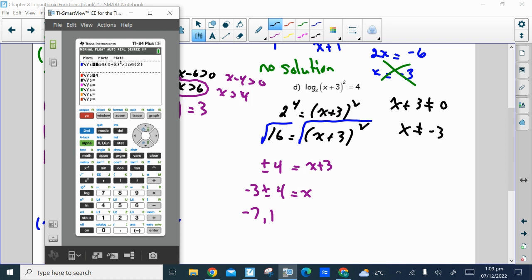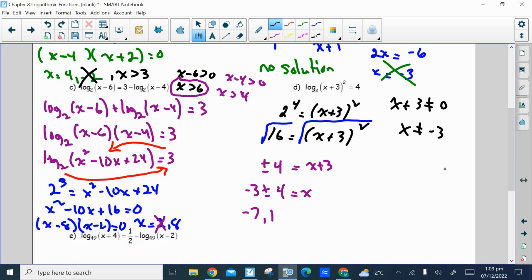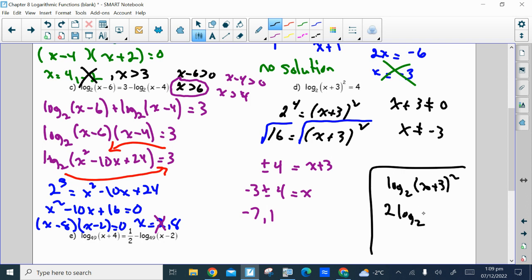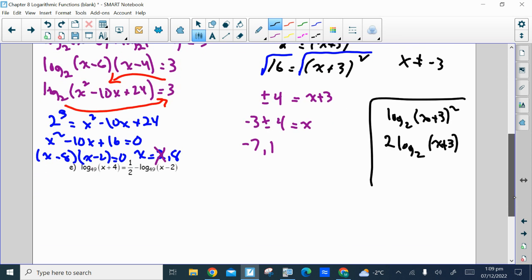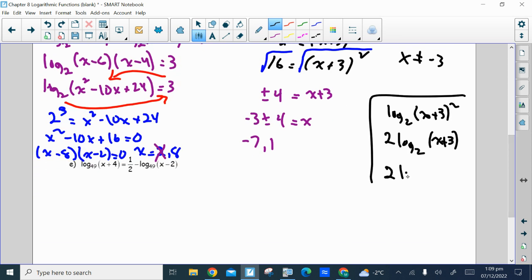I said before maybe we should bring that 2 to the front. So just on the side here, if you have log base 2 of x plus 3 all squared, using the power law, it'll be 2 log base 2 of x plus 3. And then using the change of base identity, what if we did it this way? 2 log of x plus 3 over log of 2.